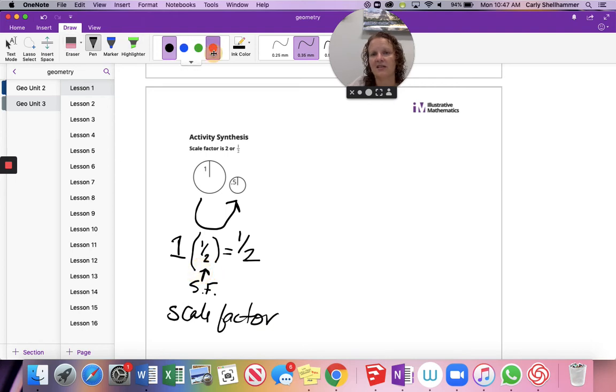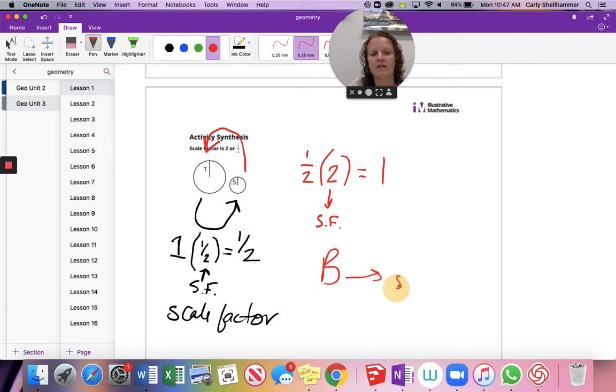Now, let's change things up a little bit. If I go from the pre-image to the image, so I'm starting at 1/2 or 0.5, and my ending is 1, now my scale factor is 2. So when I'm going from bigger to smaller, my scale factor is usually a fraction.